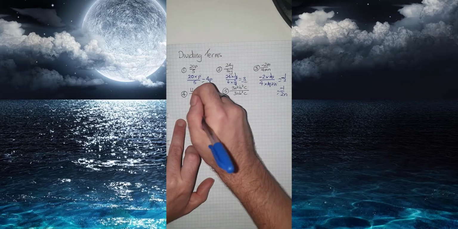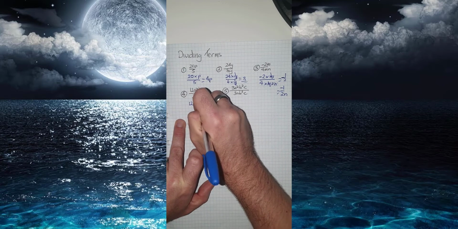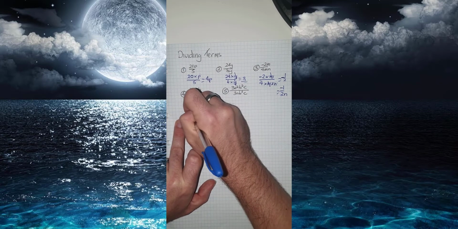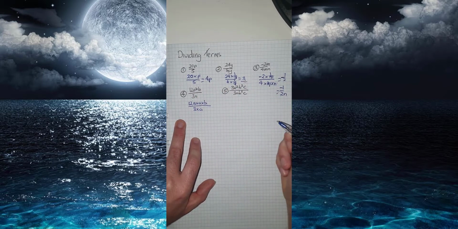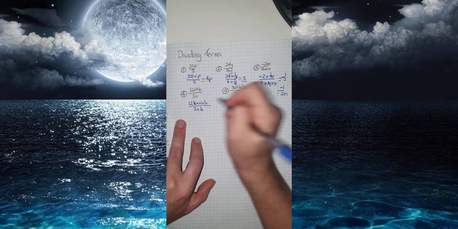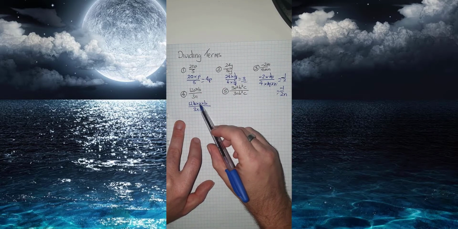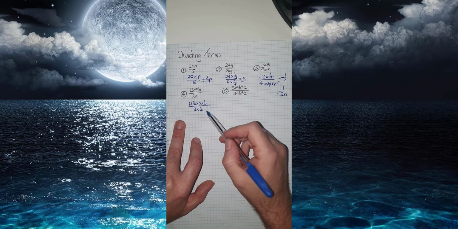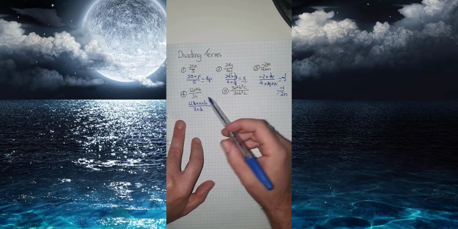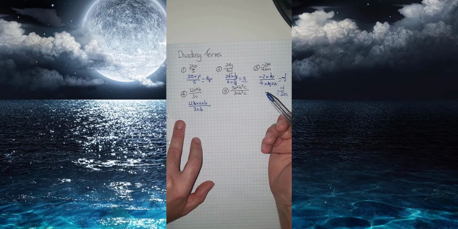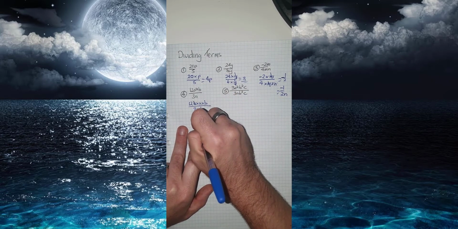Coming down over here. This will be the last one I expand. Times a times b over 3 times a. Let's just cross those two out. They've cancelled each other out. However, I'm left with these. I can't cancel these out. There's nothing at the bottom for me to divide by itself, which means I'm going to leave them up there. 12 divided by 3, which is 4. a, b.